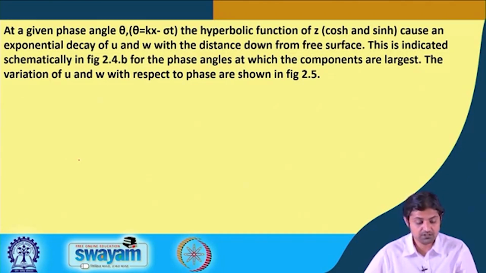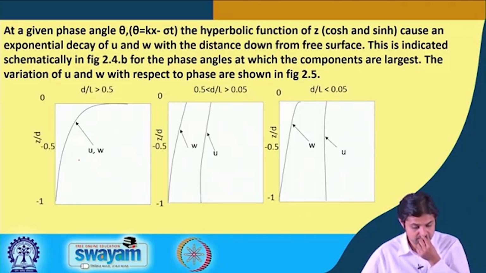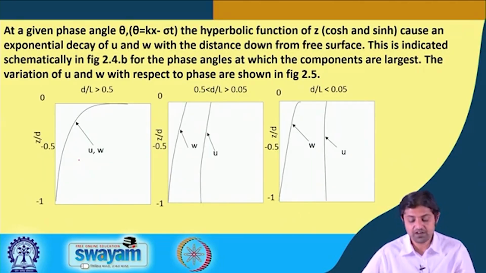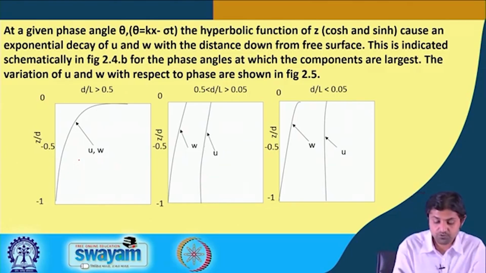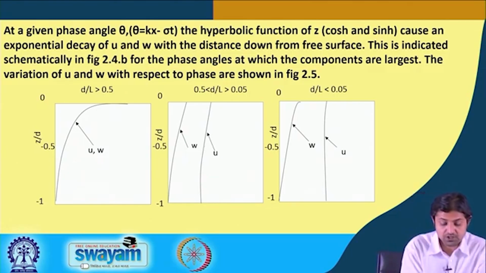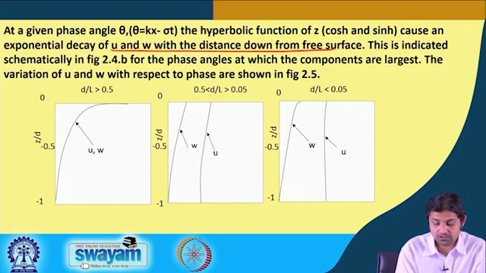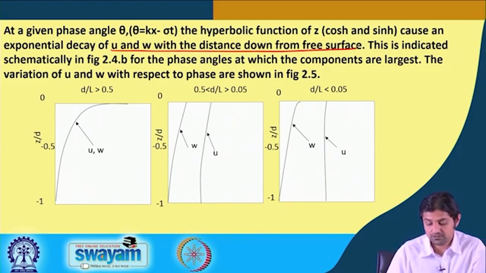This is indicated schematically in this figure. These are just the findings. You should not put a lot of effort and concentration into finding these values, but it is true that there is an exponential decay of u and w with the distance down from the surface.